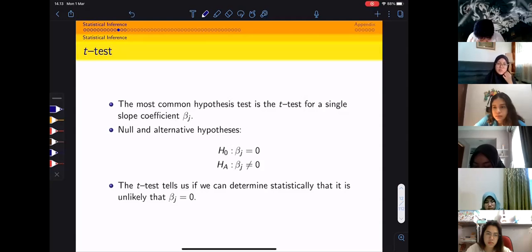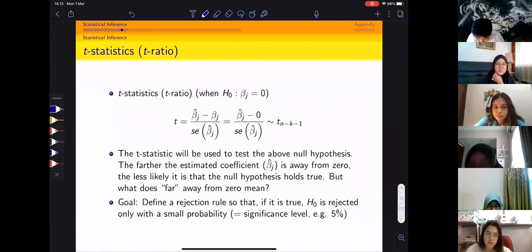Any questions on the idea behind the null hypothesis and hypothesis testing before we get into the test statistics? Basically, the test statistic is what determines whether or not we reject the null hypothesis.